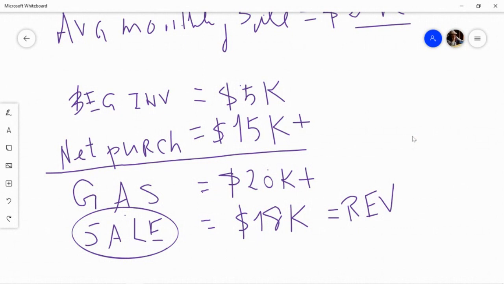And let's say each cylinder is like $1, right? So if you're selling 20K, that means 20,000 cylinders of tennis balls, right? All of this inventory is already valued at your selling price, right?